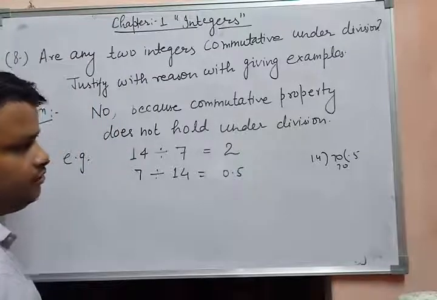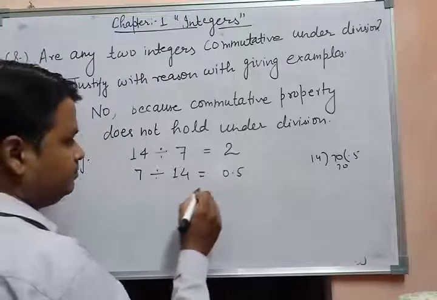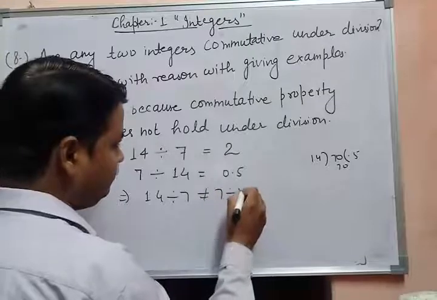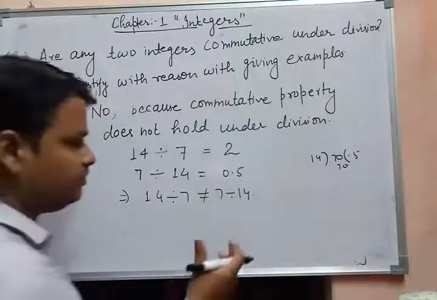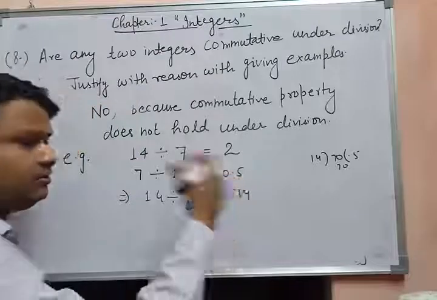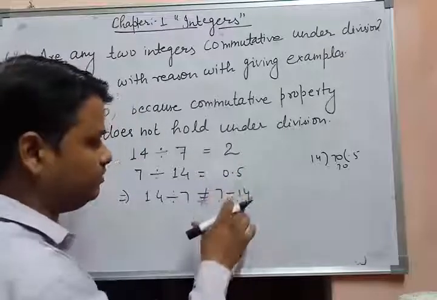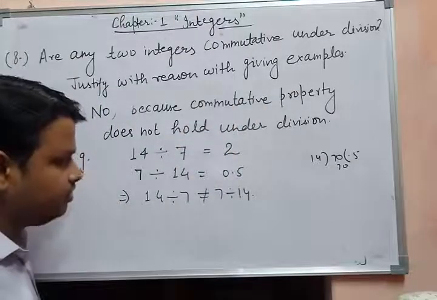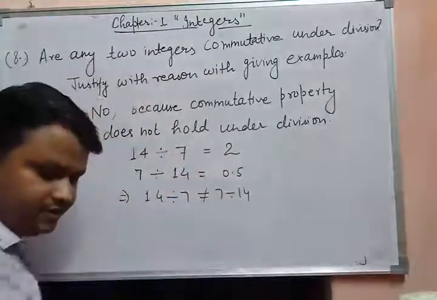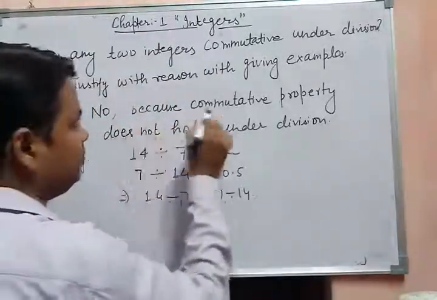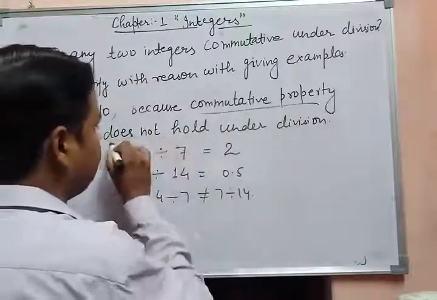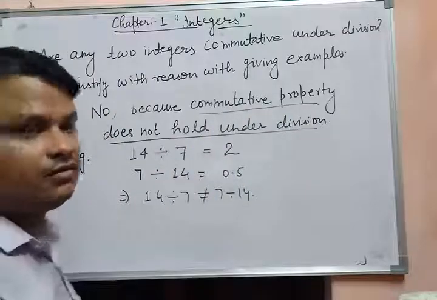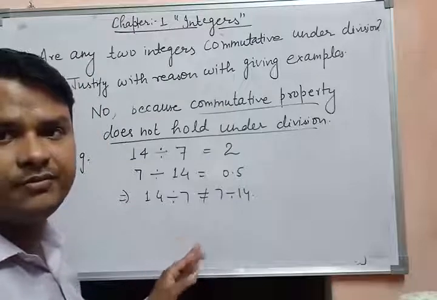Okay, 0.5, and this implies that 14 divided by 7 does not equal 7 divided by 14. So this is the example. You can write lots of examples to justify this answer. So this is the example of our justification that the commutative property does not hold under division. Before moving to our next question, pause the video to note it down in your copy or take a screenshot.